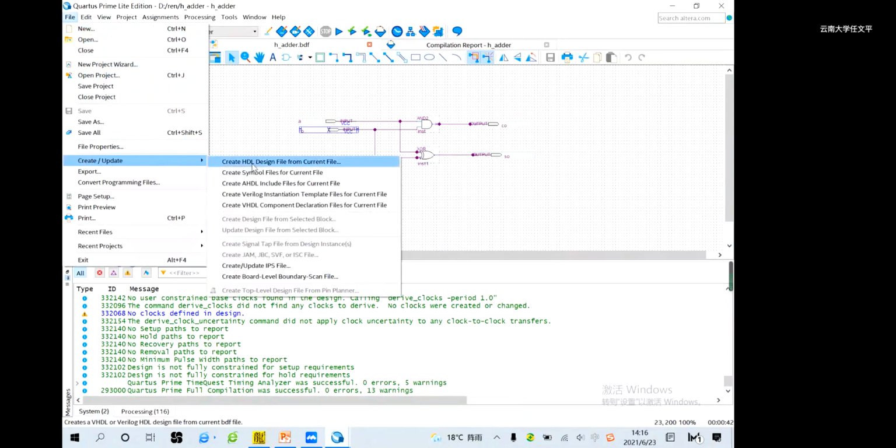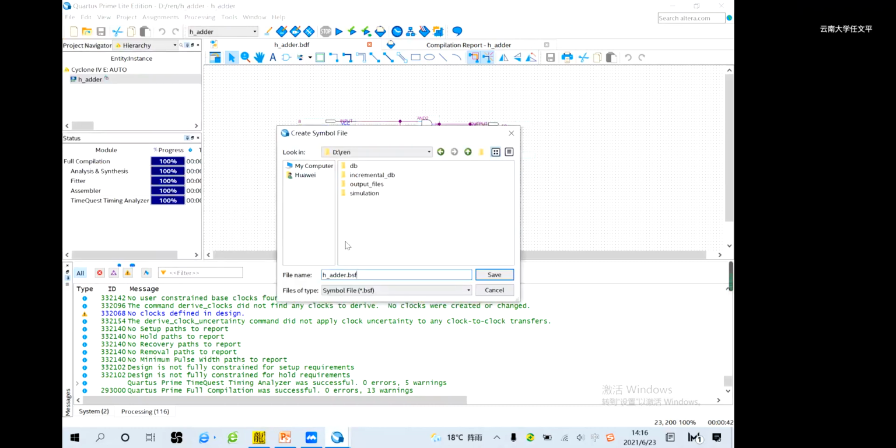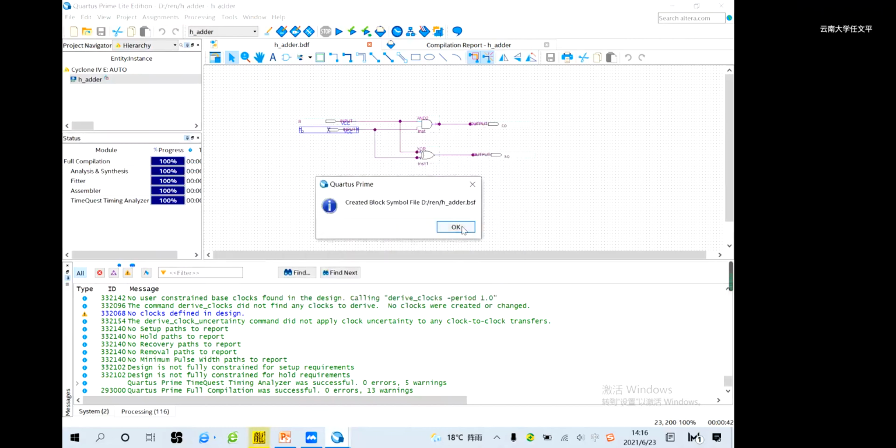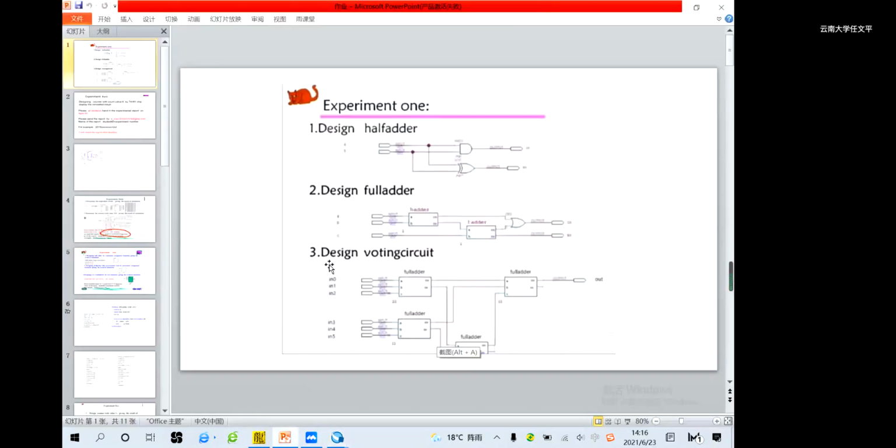Create, and this creates a symbol file for the current file. Save. Okay. I finish the process. Create a symbol for this circuit.